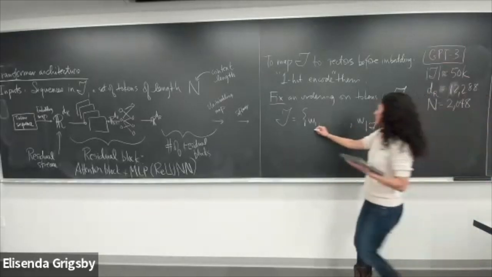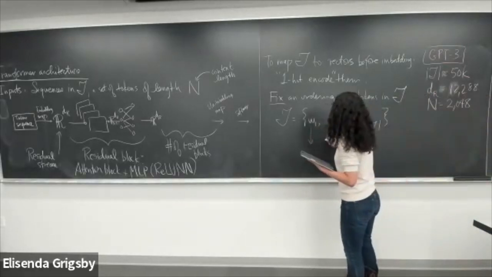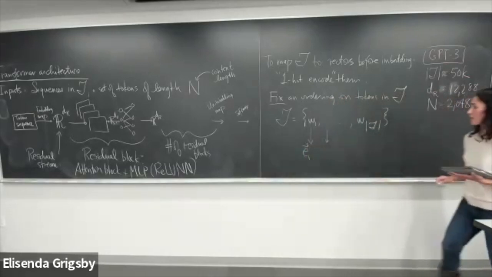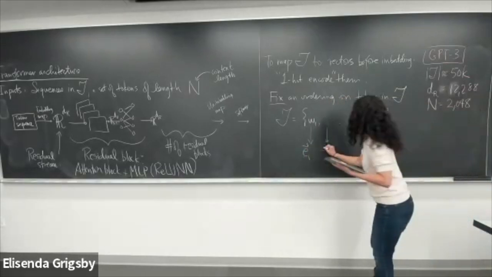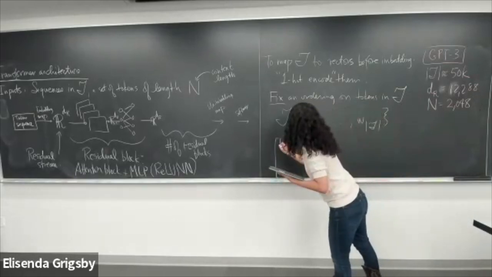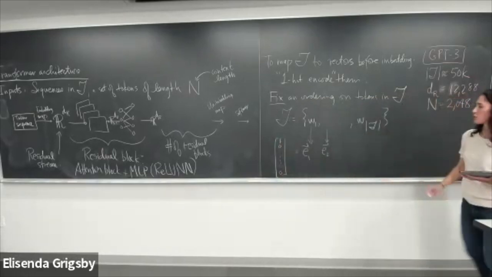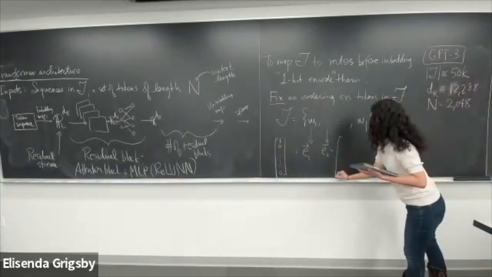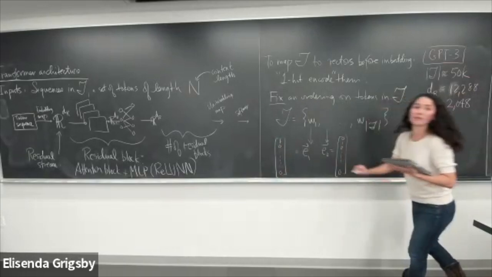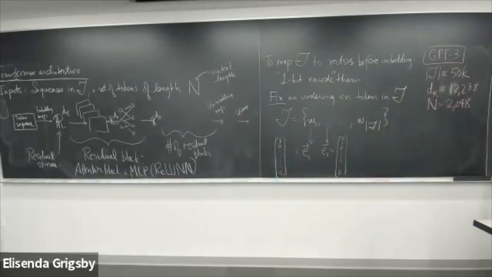Then you associate to each of these the corresponding standard basis vector. E1 is just 1, then zeros. E2 is zeros, but with a 1 in the ith position.